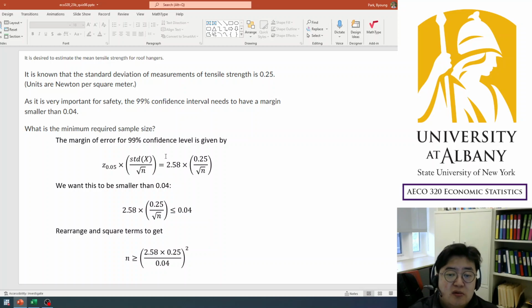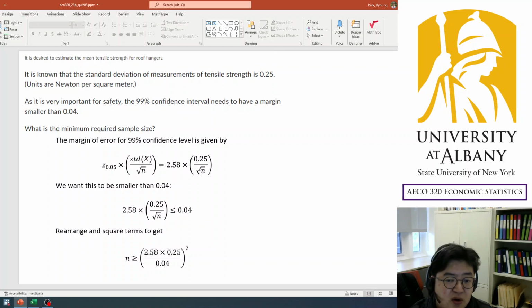Okay. So we start from the margin of error formula. We have the margin of error for a 99% confidence level this way. And we already used 2.58 earlier for 99%. And the standard deviation is given. We know the standard deviation, but we don't know the mean. Standard deviation is 0.25.